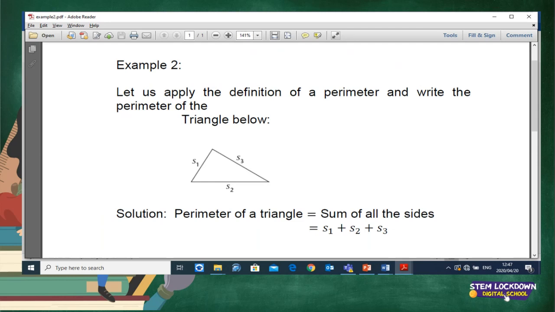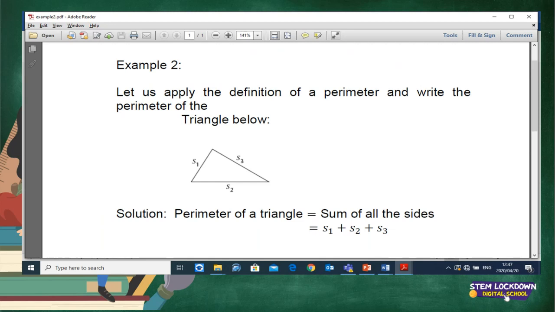As you can see in example 2 there, the perimeter is defined as the distance around the edge of the shape. In the solution, we can see that the perimeter of a triangle is the sum of all sides, side 1 plus side 2 plus side 3. And this, of course, will give us the perimeter of the triangle.